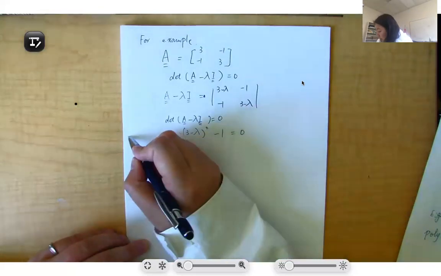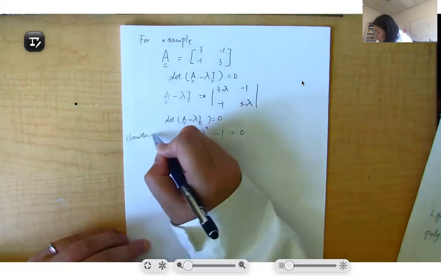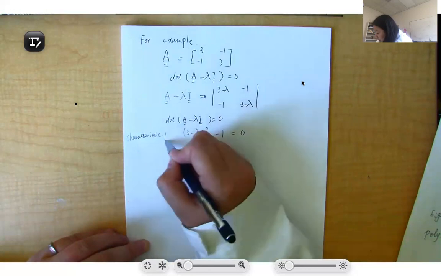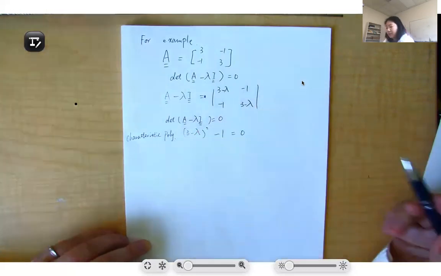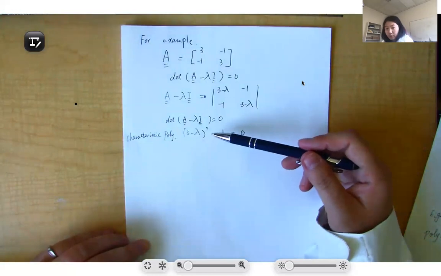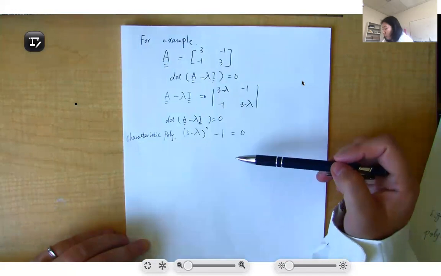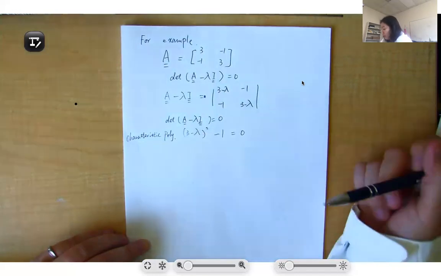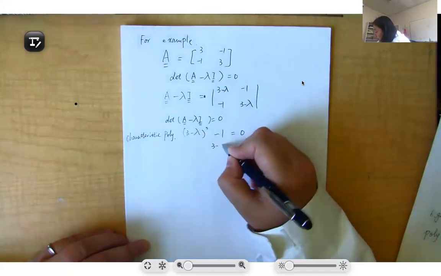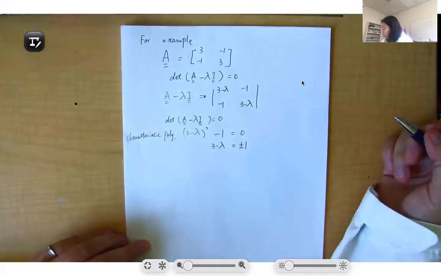So this is the characteristic polynomial. In order to get your eigenvalues, you have to solve this characteristic polynomial to get the roots of lambda. So 3 minus lambda will be equal to plus or minus 1.